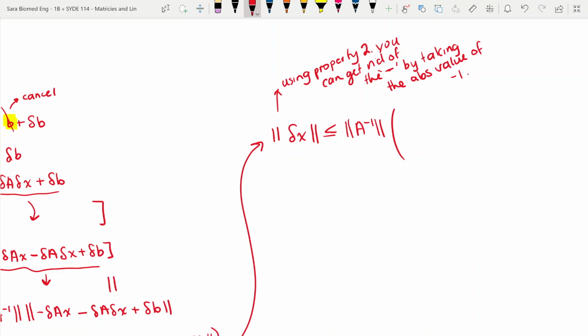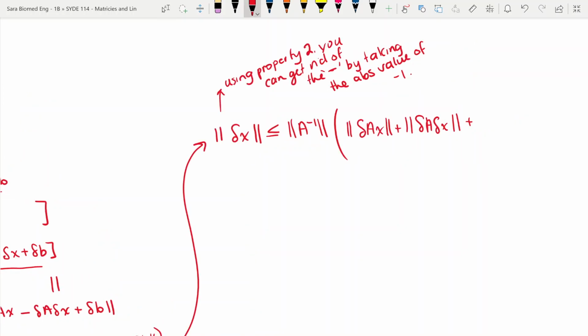What's left is the norm of delta x is less or equal to the norm of A inverse times the norm of delta A x, plus the norm of delta A delta x, plus the norm of delta b.